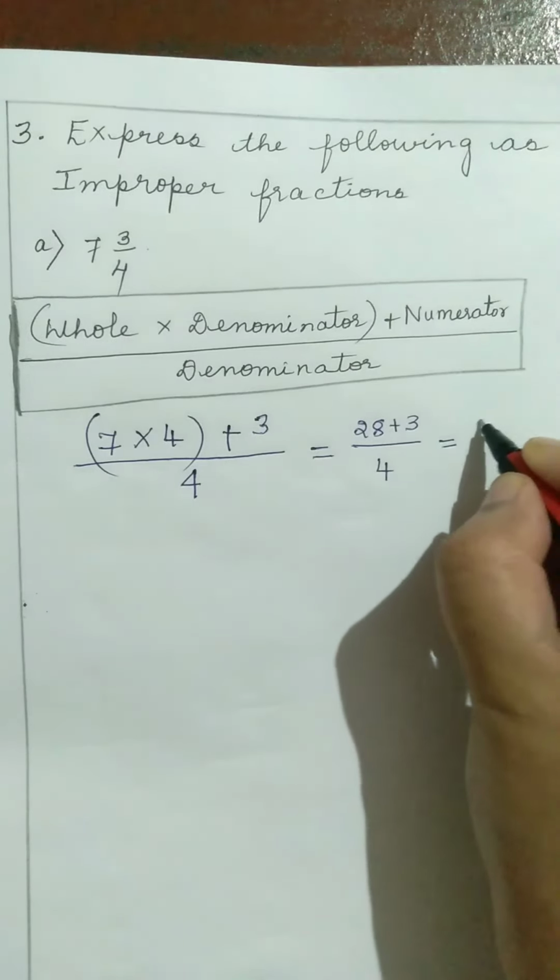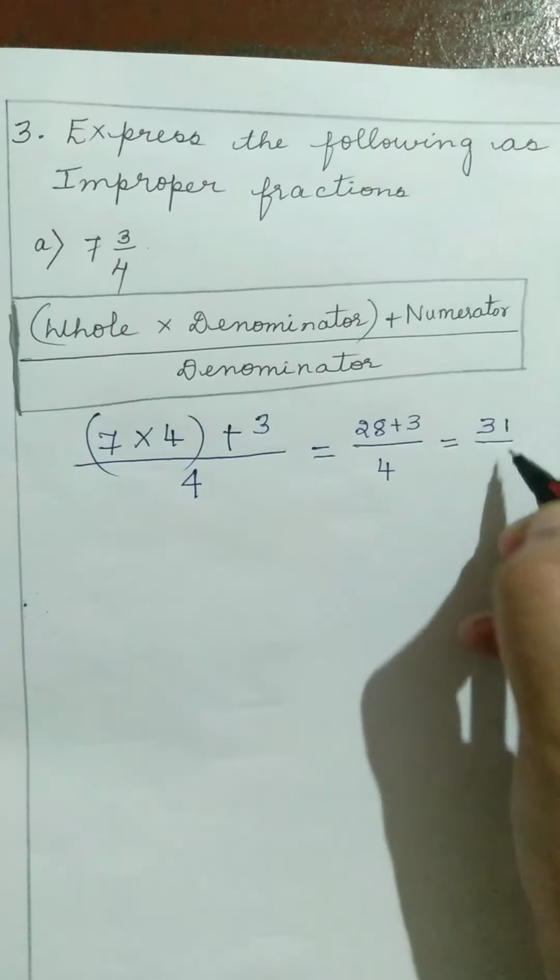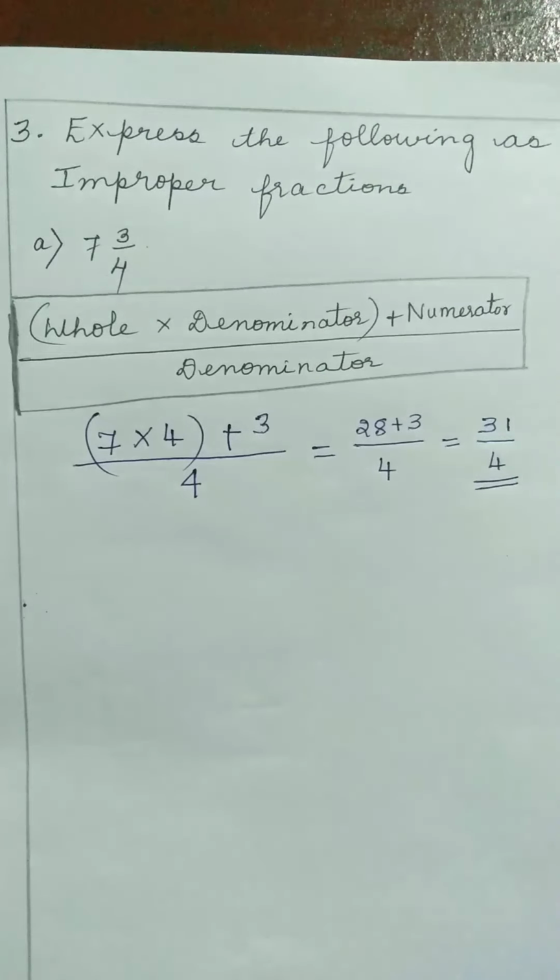Therefore, 31 divided by 4. We know that in an improper fraction, the numerator is greater than the denominator. Therefore, the mixed fraction 7 3 by 4, when expressed as an improper fraction, the value will be equal to 31 by 4.